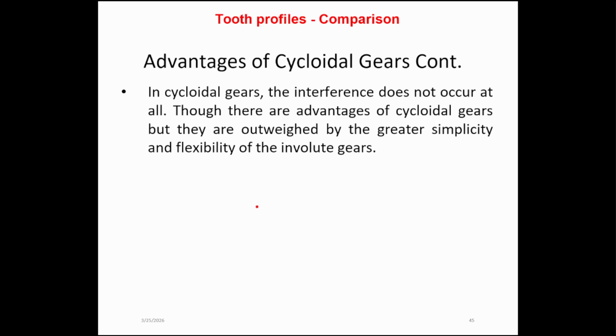Though there are advantages of cycloidal gears, they are outweighed by the greater simplicity and flexibility of the involute gears, especially that we don't need to worry much about the center distance. So that is why involute gears are much more common in modern machinery, right?